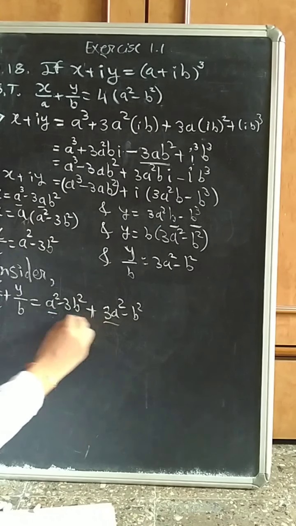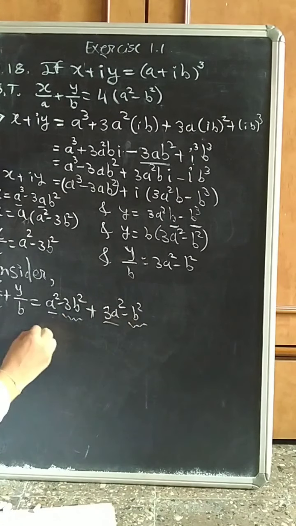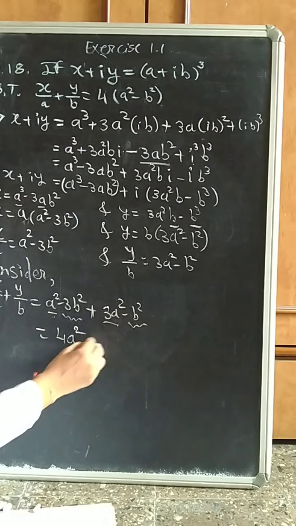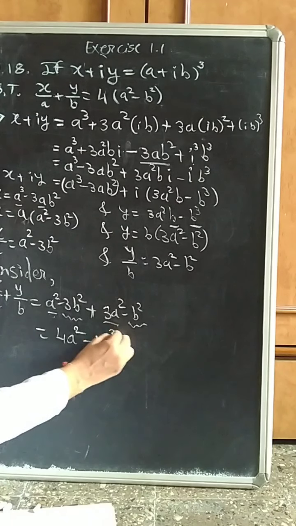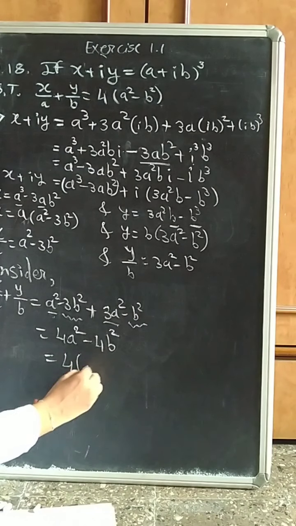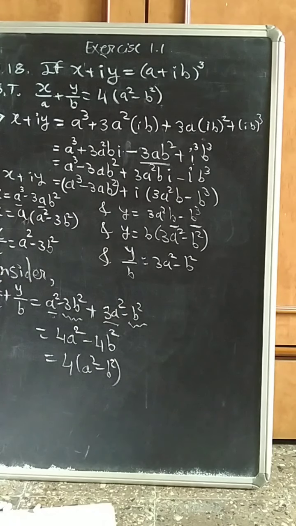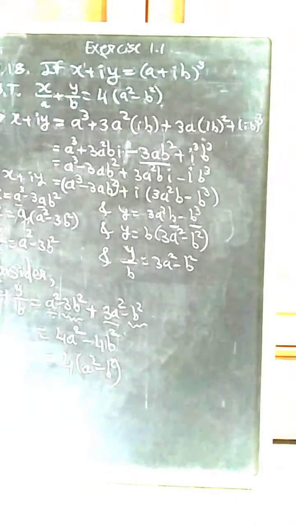Now this term. So a square plus 3a square is 4a square. 3b square and b square is minus 4b square. 4 common काढला. 4a square minus b square. Hence proved. x upon a plus y upon b equal to 4 into a square minus b square.